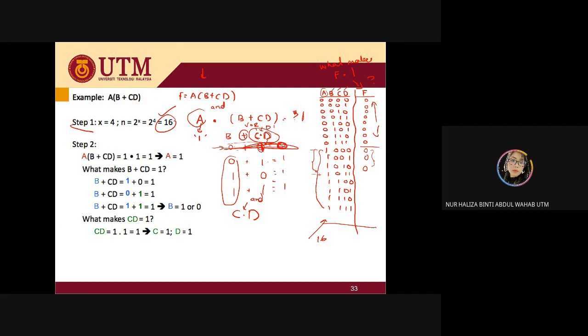You need to come out with 0 and 1 first over here, which is if B is 0, your C and D must be 1. Then you will get 1 at your F here. This must be 1, this must be 1, then you'll get 1. If not, your B is 0, here is 0, you get 0.